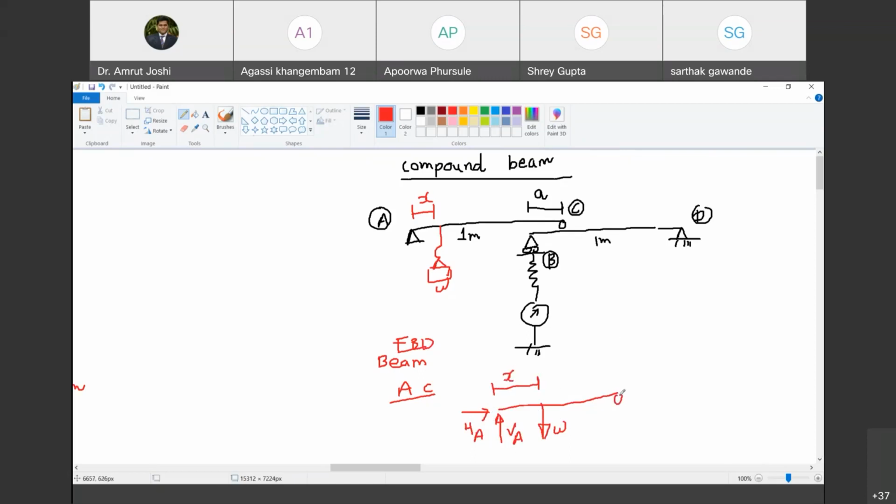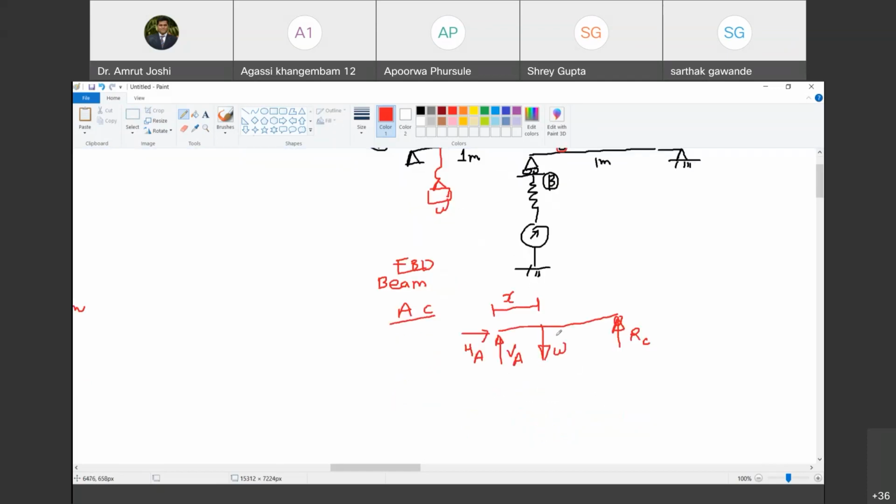Then you are going to have RC. Okay, RC. What is RC? RC is the action taken by, or reaction offered by, beam BD at C on beam AC through the roller support. Happy? Yes, sir. That is the reaction applied by beam BD on AC at C through the roller. Happy? Yes, sir. That is RC.